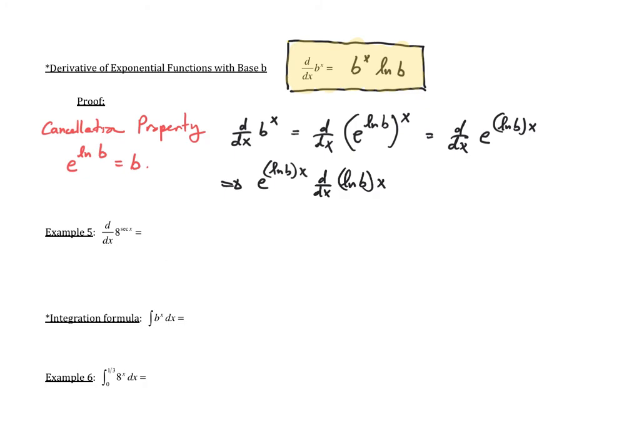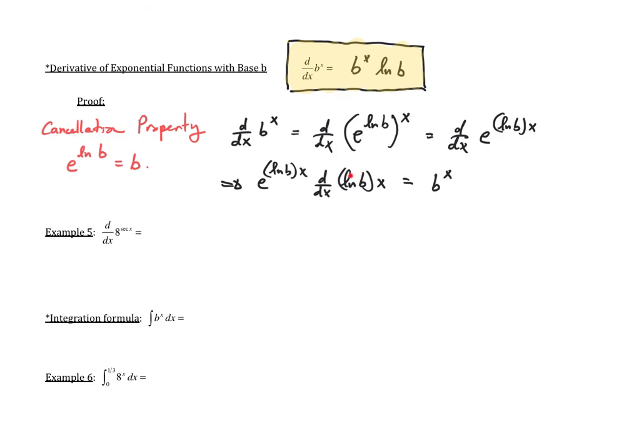Okay. And what does that equal to? Well, we know that this piece right here was just our b to the x. So we write our b to the x. And we got to multiply that by the derivative of a constant times x.